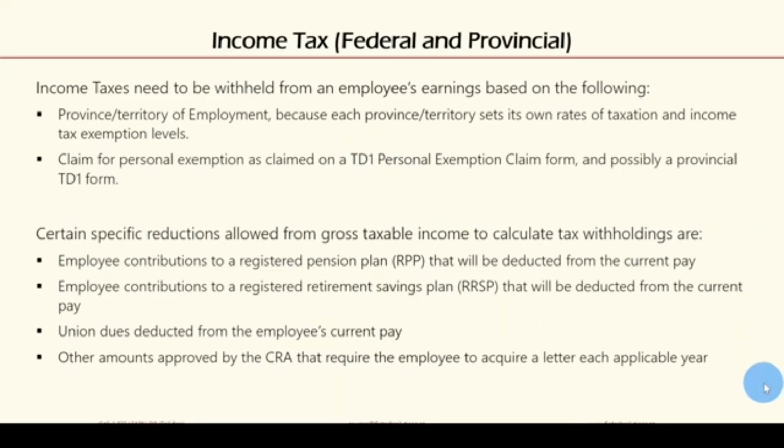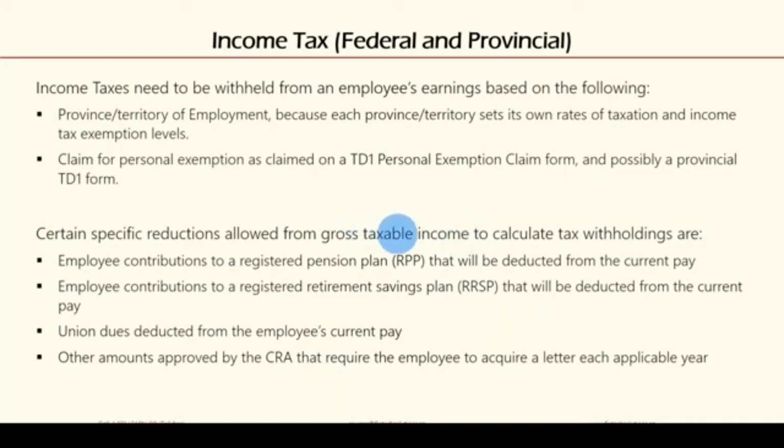But for now, for this video tutorial, these are the two important things for calculating income taxes. Of course, income tax is a very big topic, so this is the primary explanation. There are certain specific reductions allowed from gross taxable income to calculate tax withholdings. Now, these are important words when we talk about income tax: taxable income, because that's what we are looking for anytime to calculate your tax.